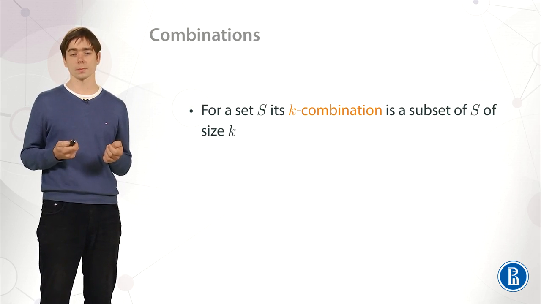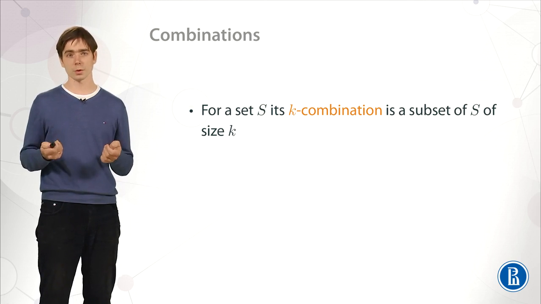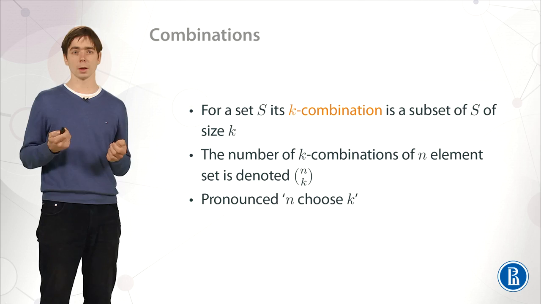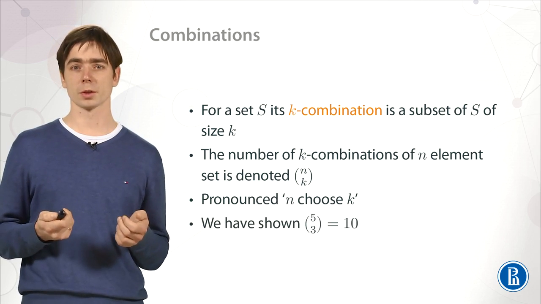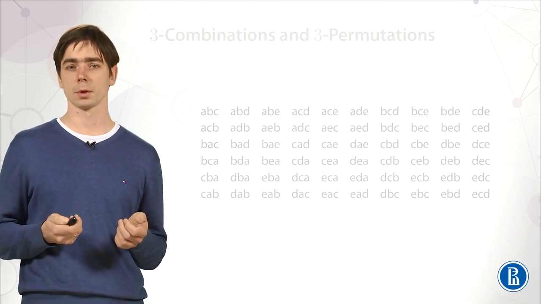For a set S, its k-combination is just a subset of S of size k. And the number of combinations is denoted in the following way and pronounced n choose k. So this is the number of k-subsets of an n-element set. Okay, and we have shown in the previous discussion that 5 choose 3 is equal to 10.